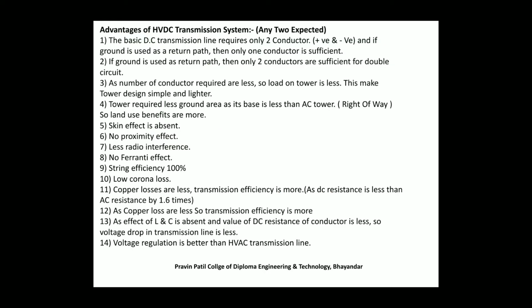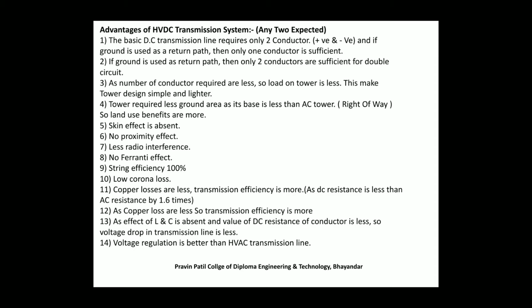Then the advantages of the HVDC transmission system, a very important question. The basic DC transmission line requires only two conductors, the positive and the negative. If ground, meaning earth, is used as a return path, then only one conductor is sufficient.